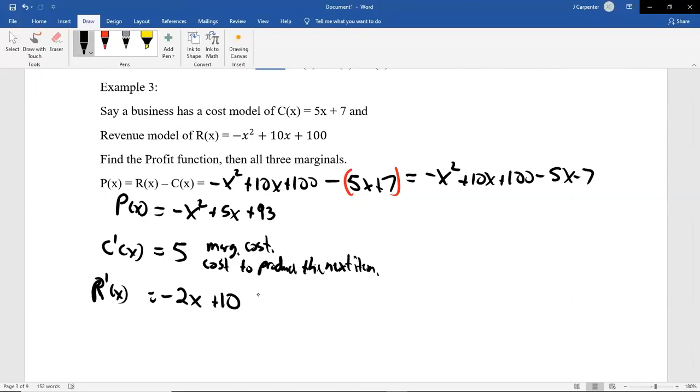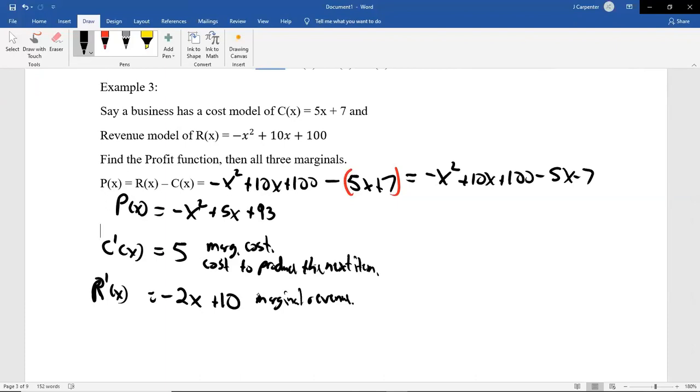So this is the marginal revenue. Again, this might not necessarily make sense, but that's not the point of this. That's the money we would take in, not cost. That's the money we would take in from the next item.